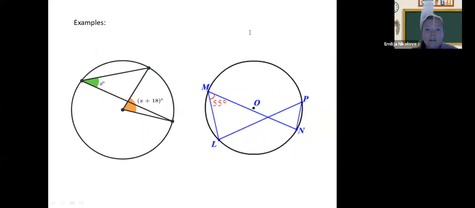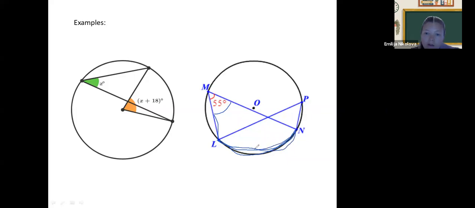Here we have the other one, where we have the second circle. Again, we can use the previous theorem. We have that this arc is the same. So that means that this is one angle here, the angle LMN, and this angle LPN lie on the same arc.